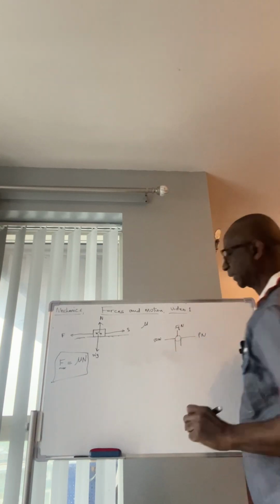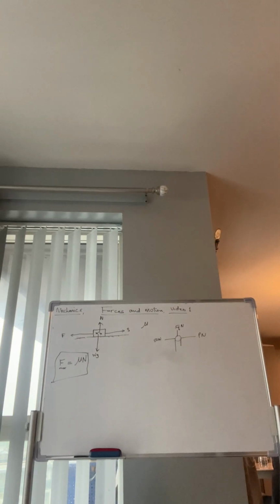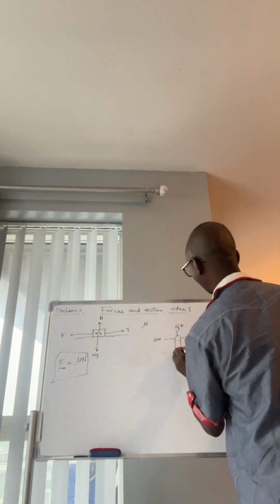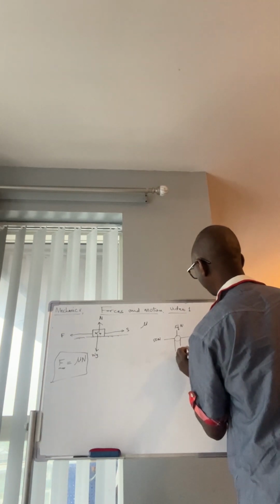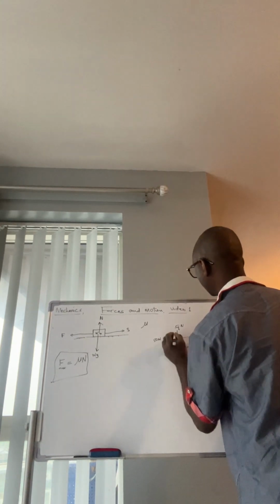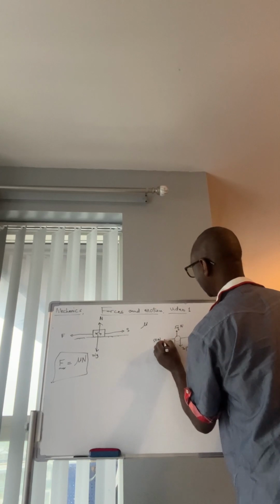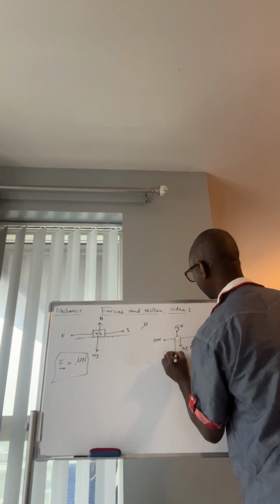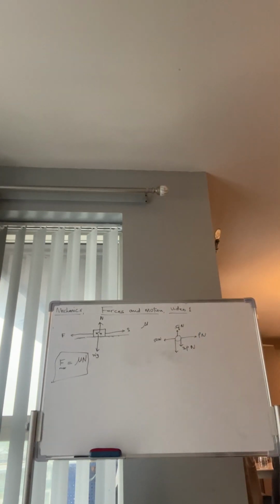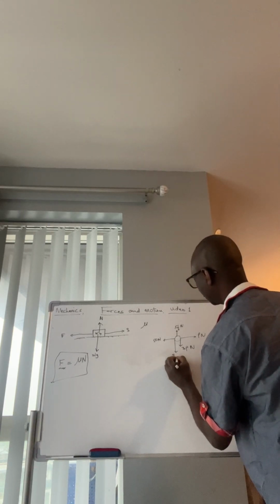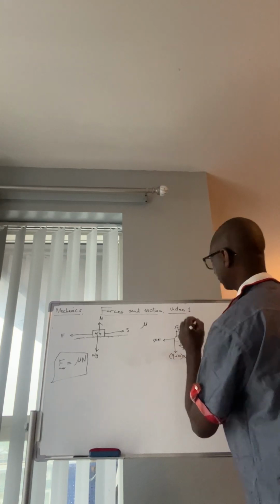P Newton. 3P Newton, and we don't forget to put the arrows indicating how the forces are acting, and Q plus 10 N. This is Q plus 10 Newton.